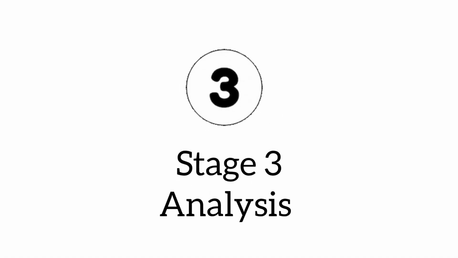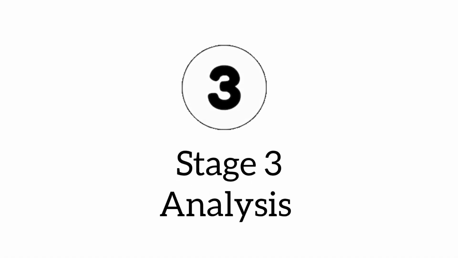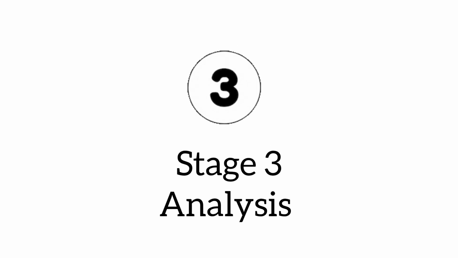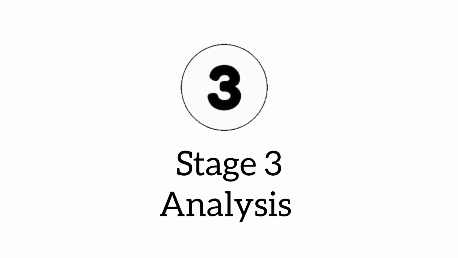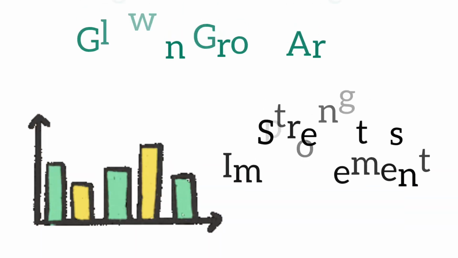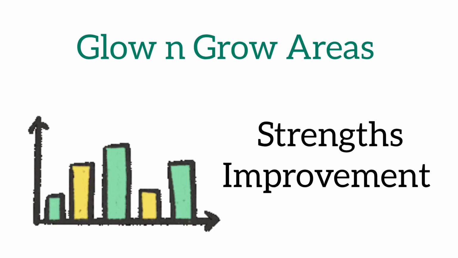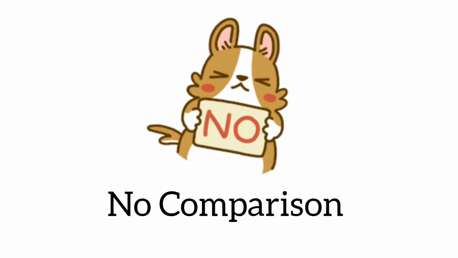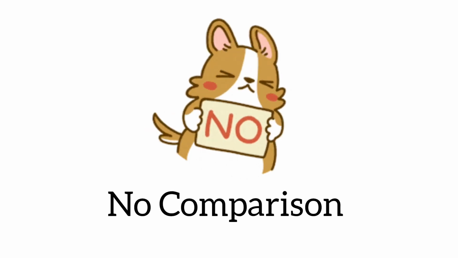The third stage of assessment is analysis. After you make records and gather evidences, now it's the turn to make the analysis. Yes, you need to analyze the performance of the students. You need to check what are the areas of strength and what are the areas of improvement for the students. Make sure you do not compare the performance of one student with another.